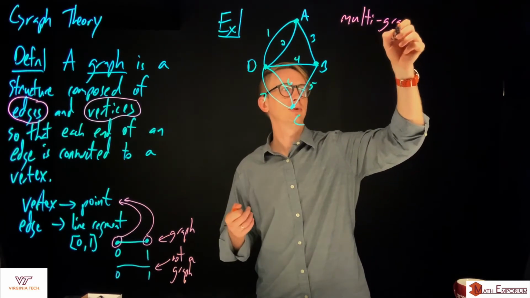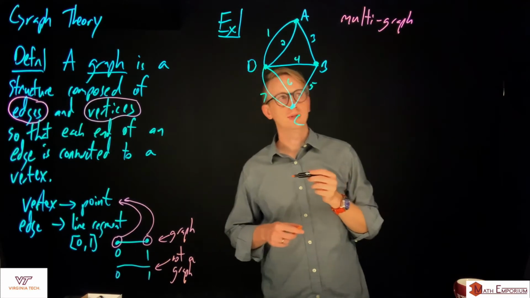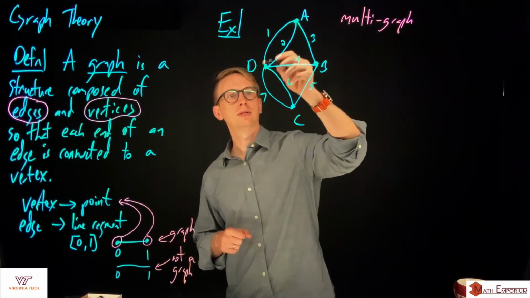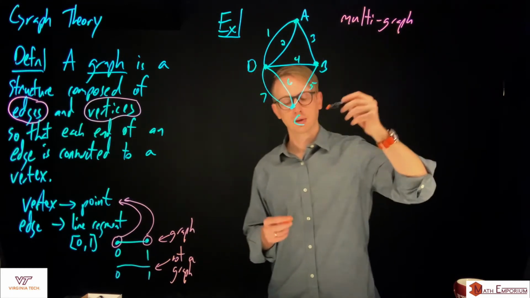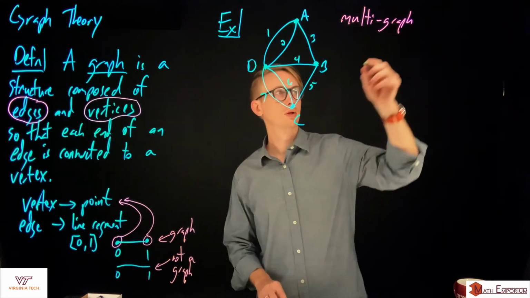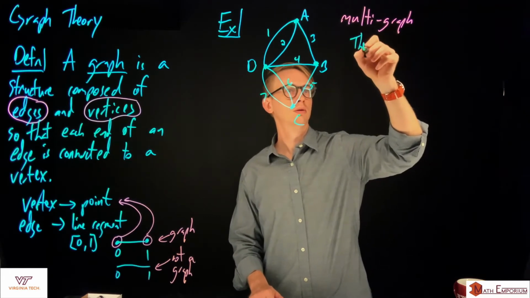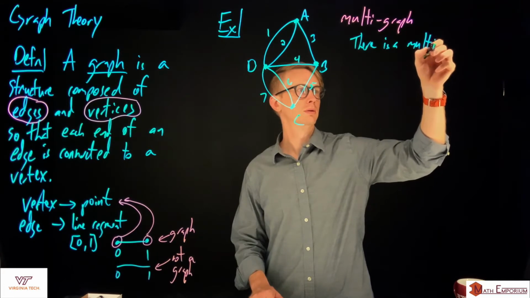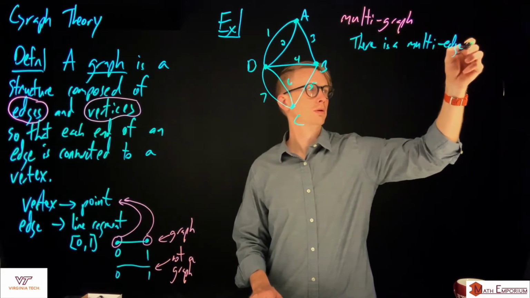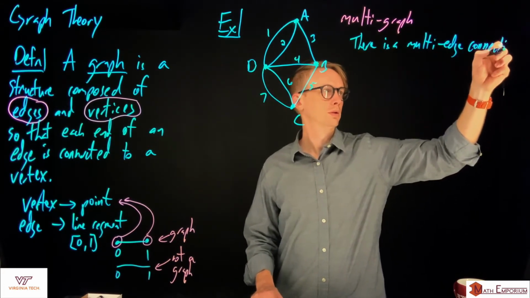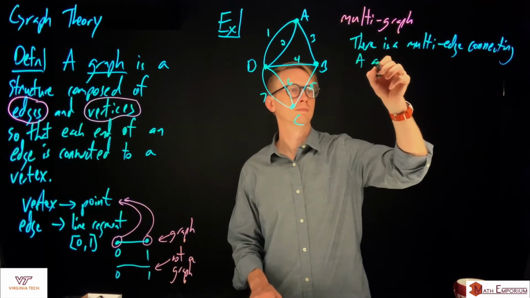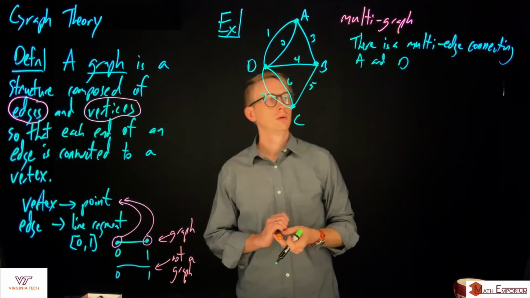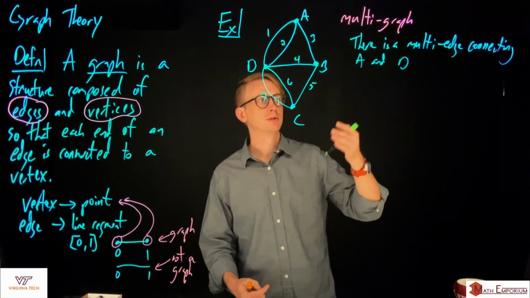It's also a graph, but if you want to be a little more specific, it's a multigraph. The reason why it has that name is it has these multi-edges. So let's give a reason why. There is a multi-edge connecting A and D. And that's true of C and D as well.